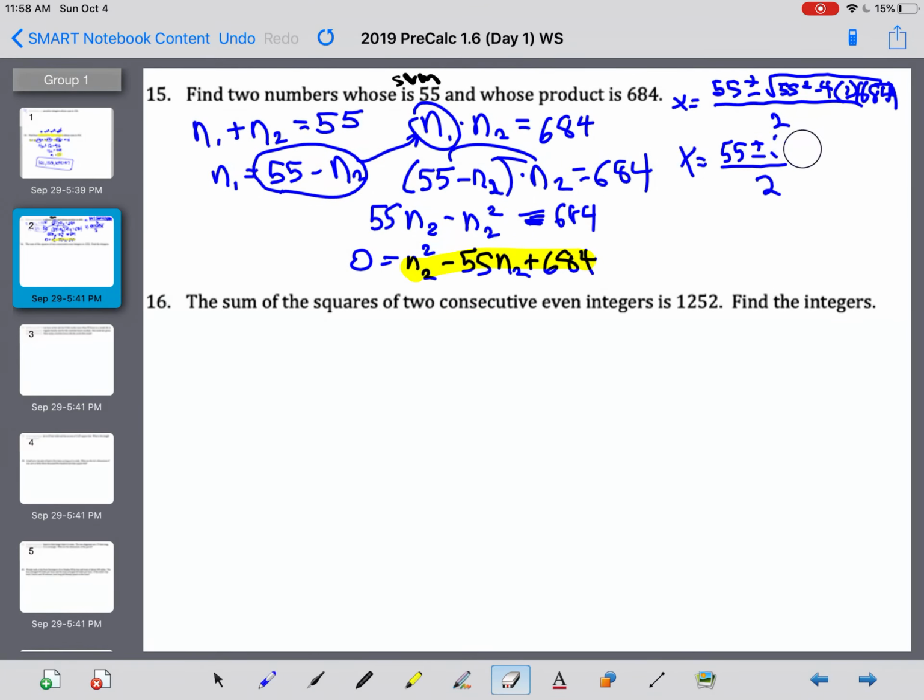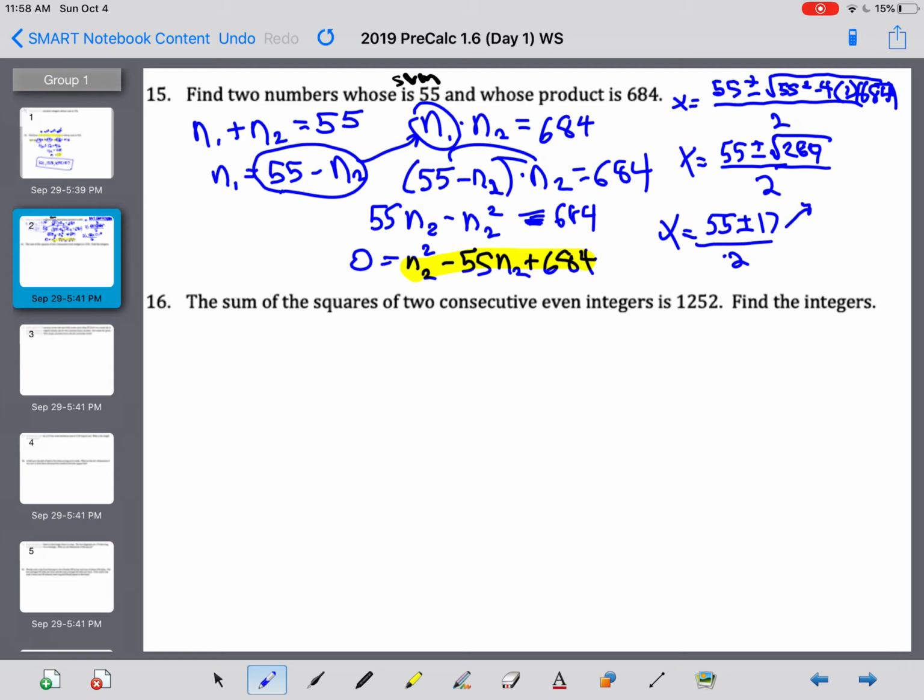I added the 4 times 684 instead of subtracting it, so it's actually 289. Okay, so that means I get 55 plus or minus the square root of 289, which is 17.